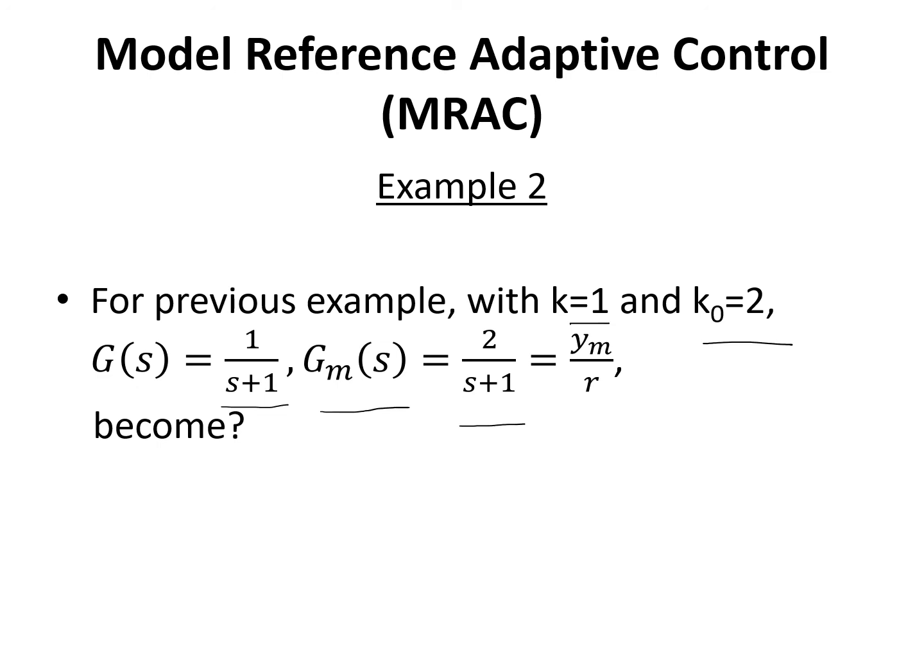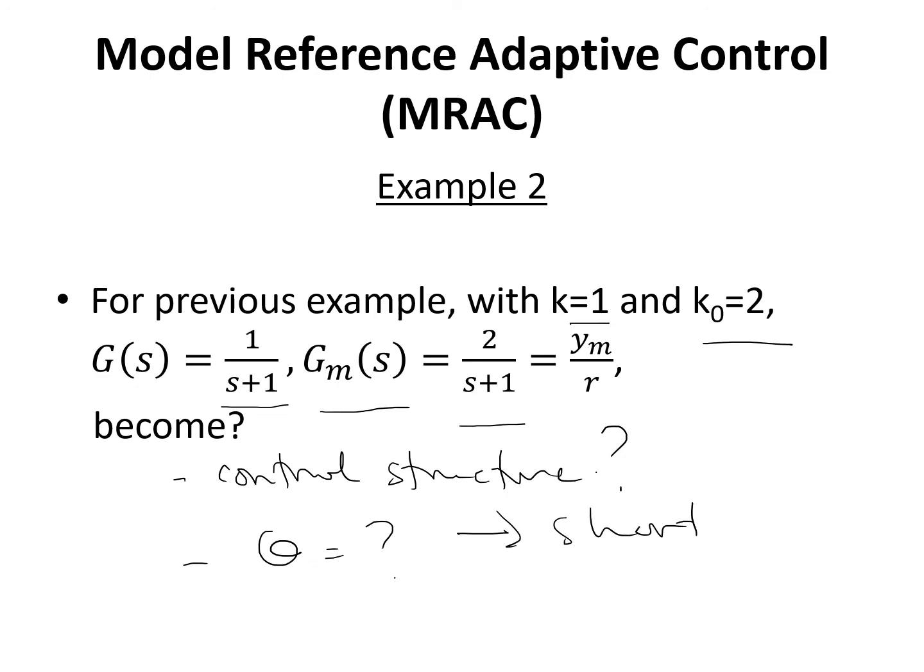So what is the control structure and the value of theta, and so on? These will be the short assignments for all of you. We will discuss it in the next video lecture.